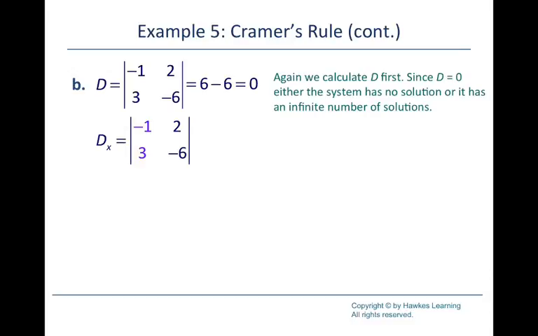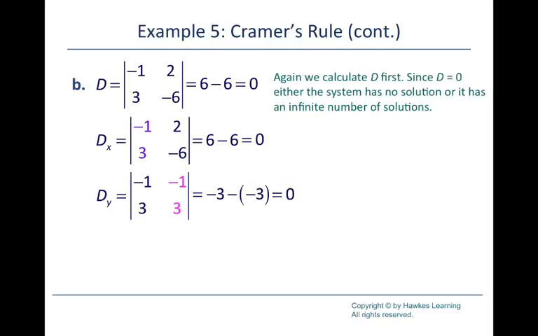So if you do the same thing with Dx as we did before, we find out that's 0, and Dy, we find out that is also 0, then the system is dependent. They all equal 0. That means the two equations are multiples of one another, and so the system is a dependent system.